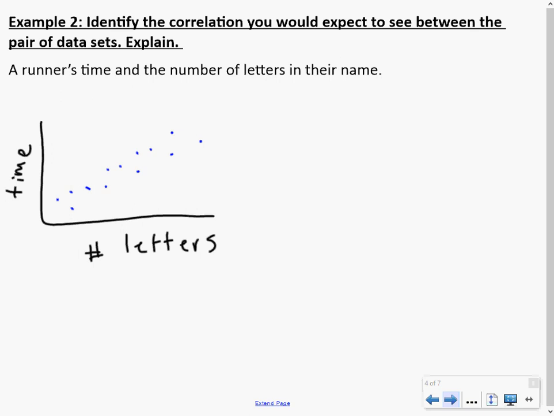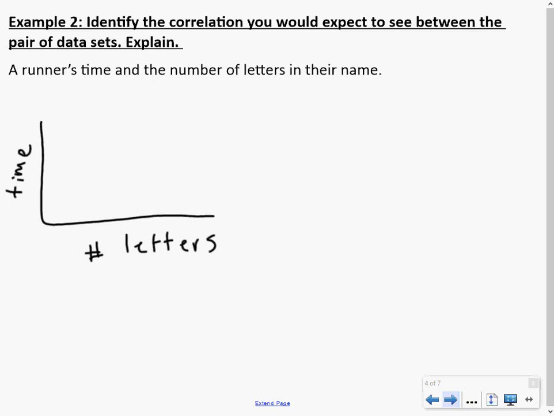So that would be a positive correlation. A negative correlation would mean as the number of letters in a person's name increases, their time decreases. So I want you to think about those two scenarios and decide, do you think it's negative, positive, or no correlation at all?